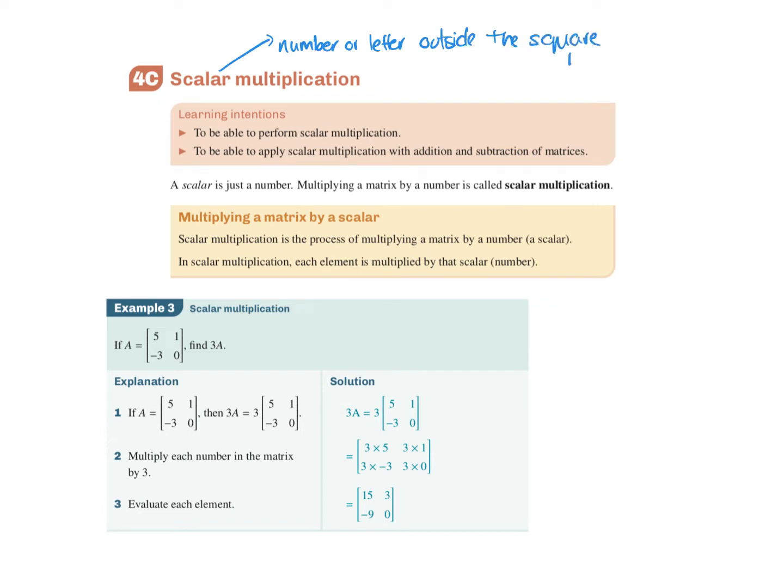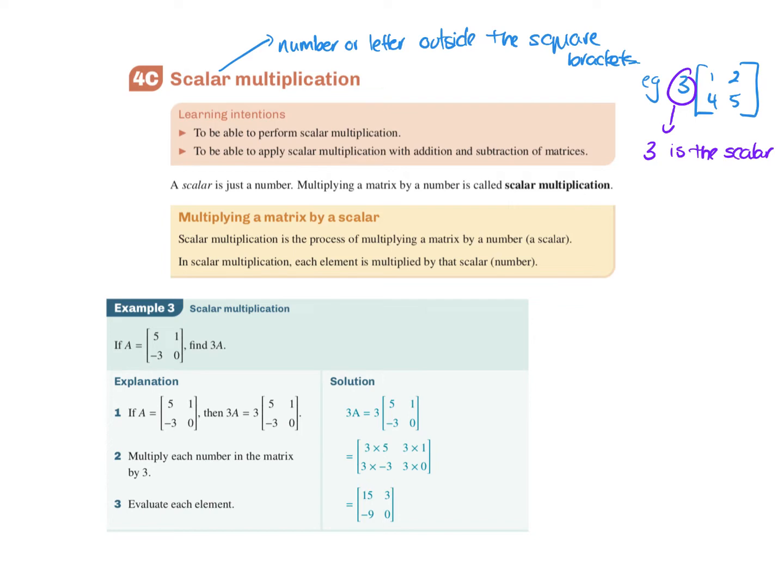So what that means, it's not another matrix. You might just put an example. So here, if I had that matrix here, this number here, this is 3. 3 is the scalar.